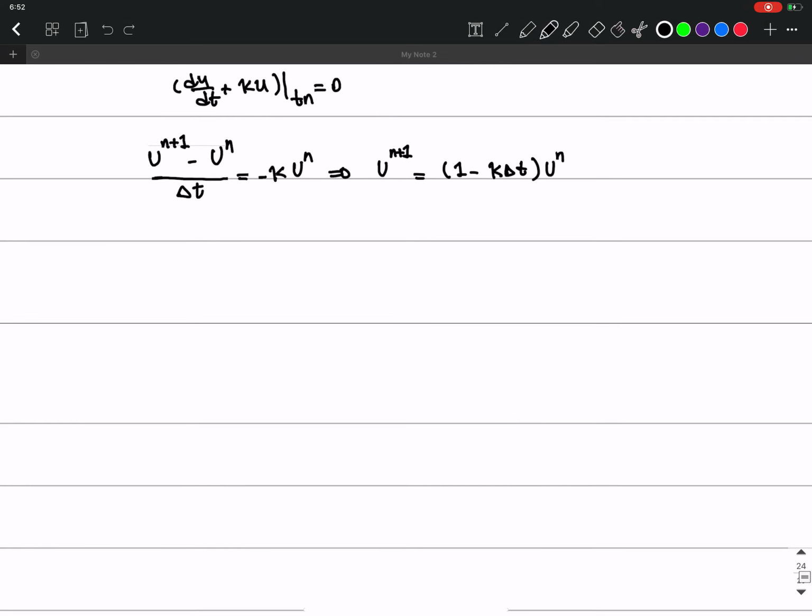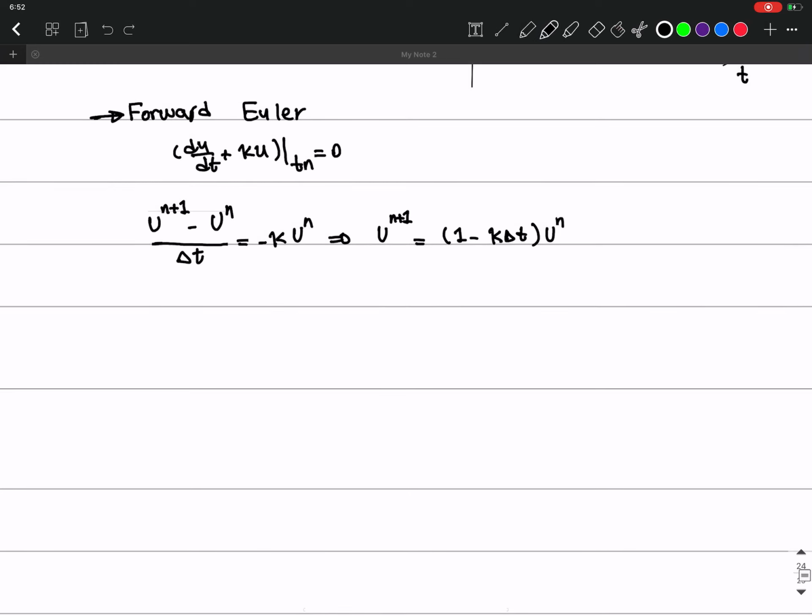So here I'm gonna have n, the time, and then the second one I'm gonna have kappa delta t equals 1/2. The next one I'm gonna have kappa delta t equals 3/2.